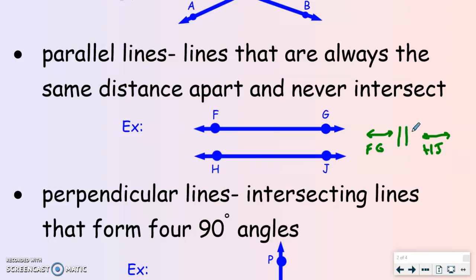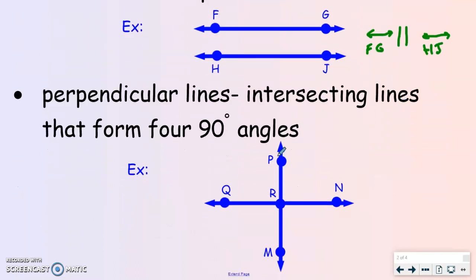And if you notice, an easy way to remember what parallel lines are is looking at the name. Okay, the two L's in parallel are parallel. If they were to extend both ways, okay, they would never intersect with each other. So the L's in parallel are parallel. It's a nice way to remember that.